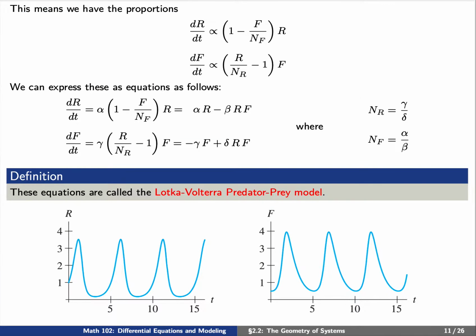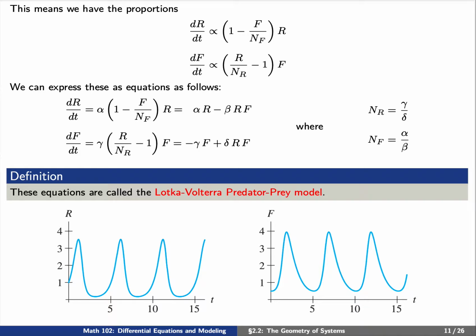In other words, we have a system of equations that looks as follows. There should be some constant of proportionality alpha and another constant of proportionality gamma, such that dr/dt equals alpha times (1 minus f over n sub f) times r. Similarly, df/dt equals gamma times (r over n sub r minus 1) times f.